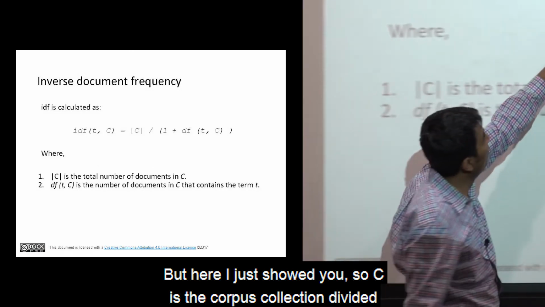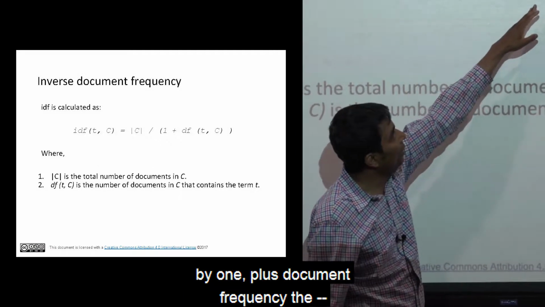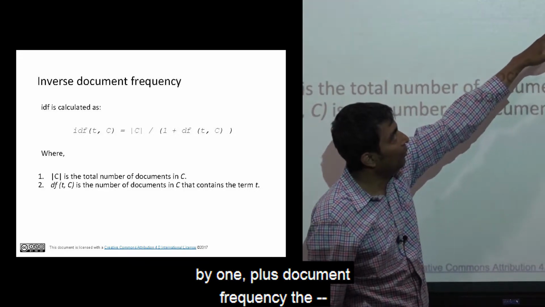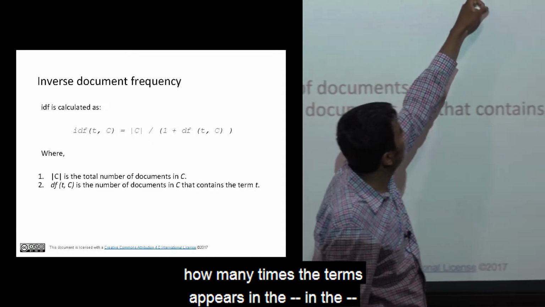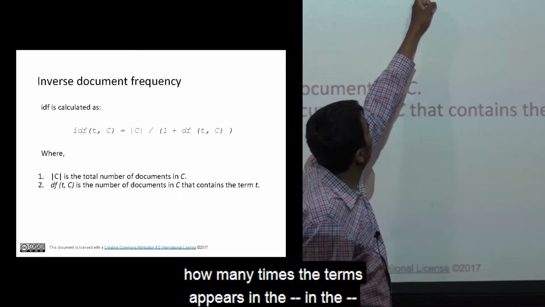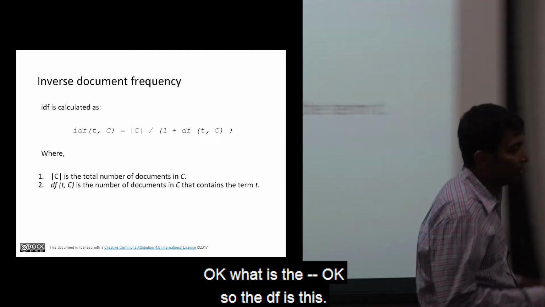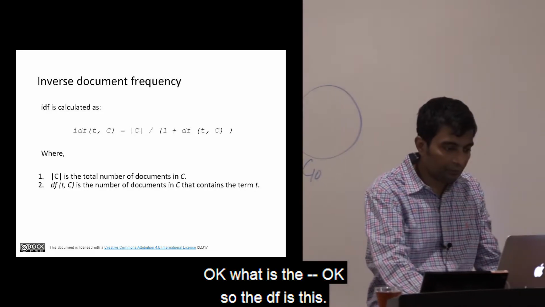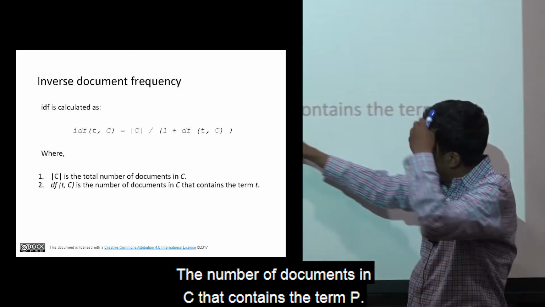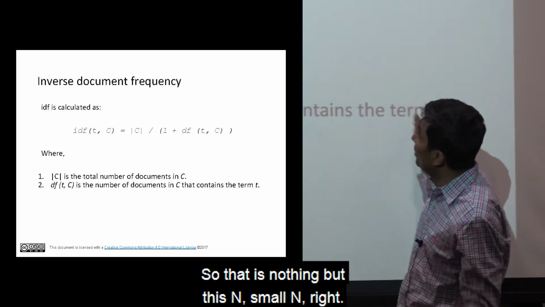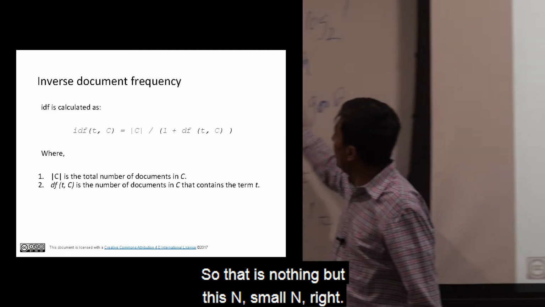But here I just showed you that C is the corpus collection, divided by 1 plus the document frequency. The DF is the number of documents in C that contain the term T. So that is nothing but this small n, right?